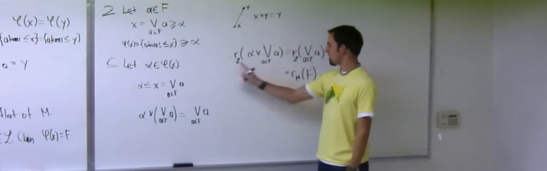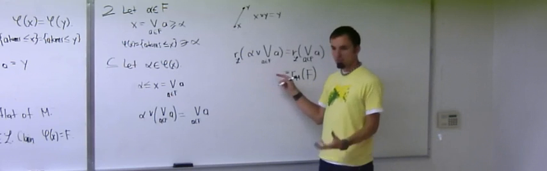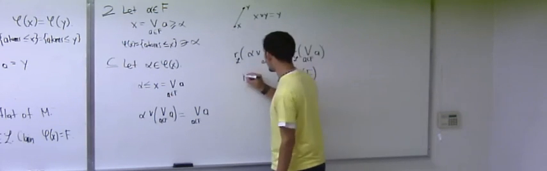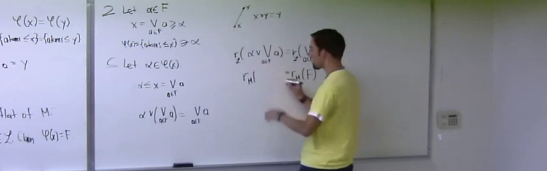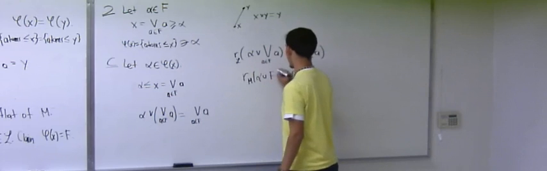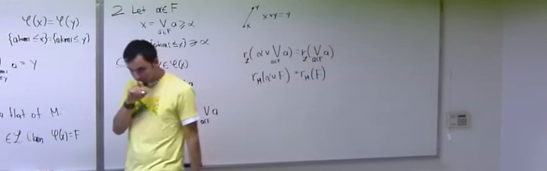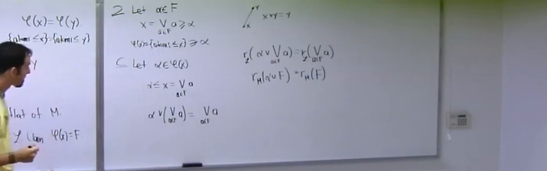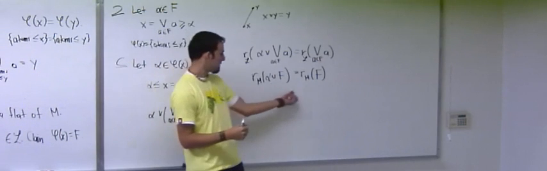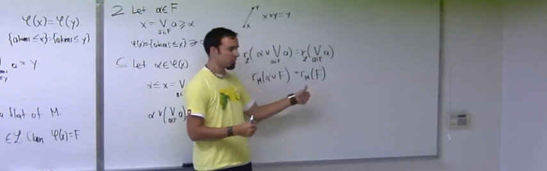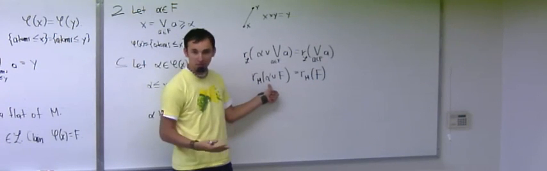And what is this expression right here? Again, by definition, this is the rank in the matroid of alpha union F. So I get this. But what can you tell me if F has a certain rank, and then I add alpha to it, and it doesn't increase the rank?